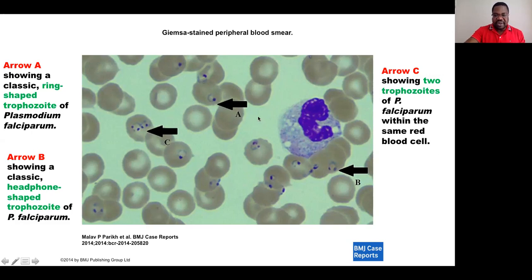You can see either the classic ring or the headphone, with those two dots there. The other thing that confirms it's Plasmodium falciparum is that you might see multiple rings inside one cell, like here we see 2 rings in one cell. So it gives you a great idea of the morphology of the cell. Then you can report that this patient is infected with Plasmodium falciparum trophozoites.